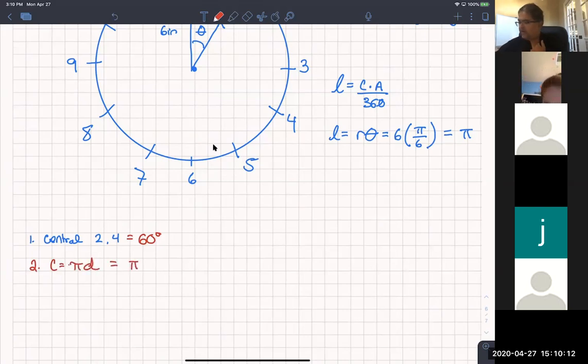What is my diameter? Your diameter is 12 inches. And what is pi approximately? 3.14159265359. So 12 times pi gives me what? It's 12 pi, but what is the approximate measure?